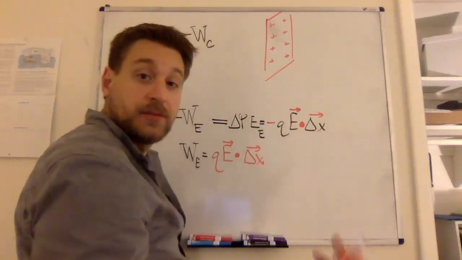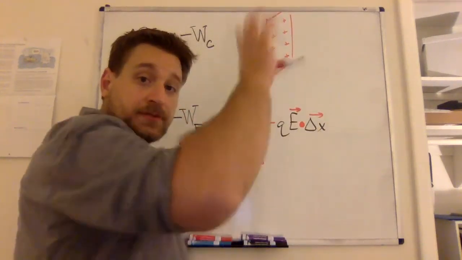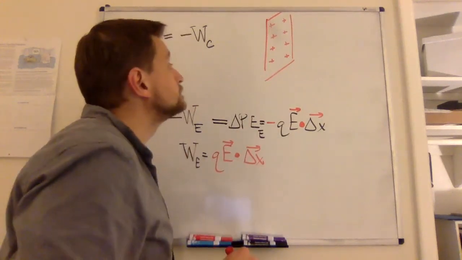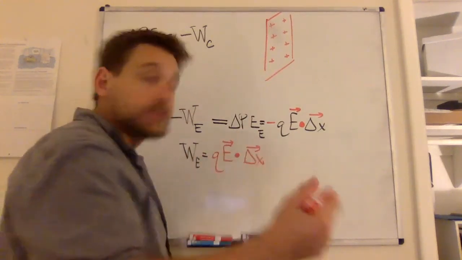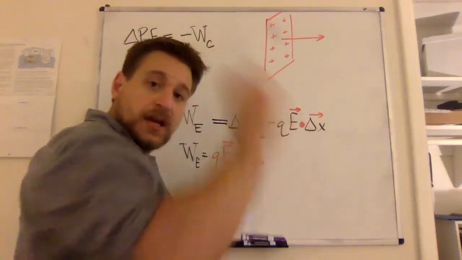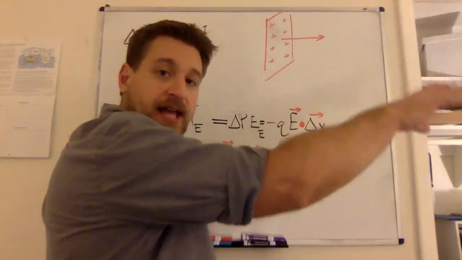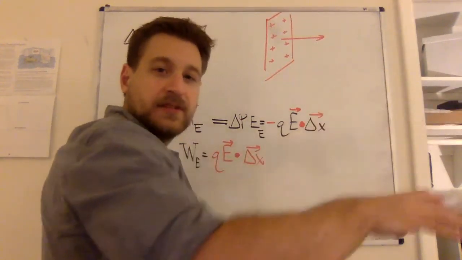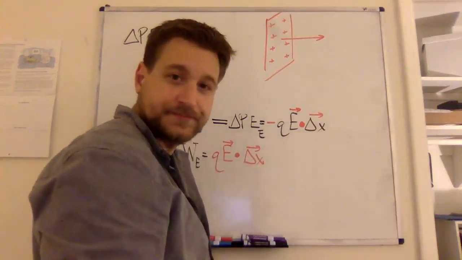Suppose we are nearby a positive conducting sheet like we talked about in class today. The electric field points away. And the farther away from it we get, the less that field is able to push us.